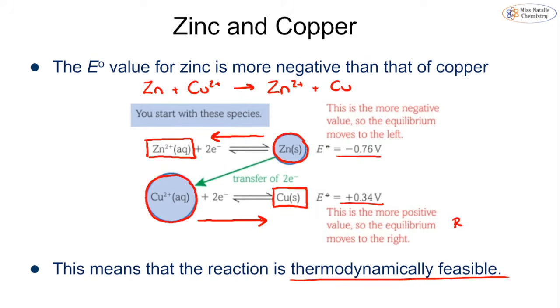In other words, this is the right-hand side electrode, this is the left-hand side electrode. Now notice I didn't jump to that conclusion by using the values. The values are supporting this, yes, but I need to figure out which one is the left and which one is the right by looking at what we start with. And I can then determine that my E cell would be 1.10 volts, which would be a feasible reaction.